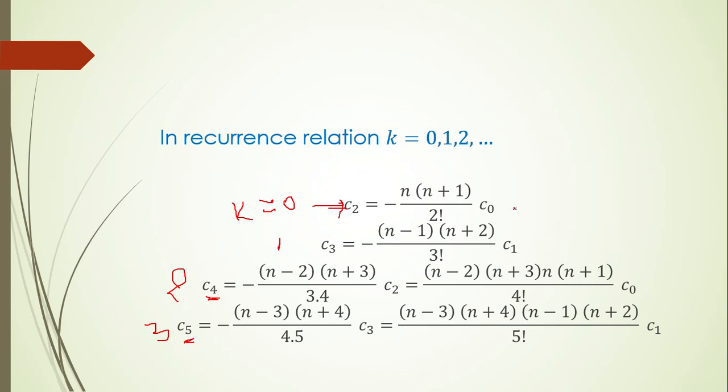Here the even terms c2, c4 are of the form c0 into some integers, and the odd terms are of the form c1 into some integers.